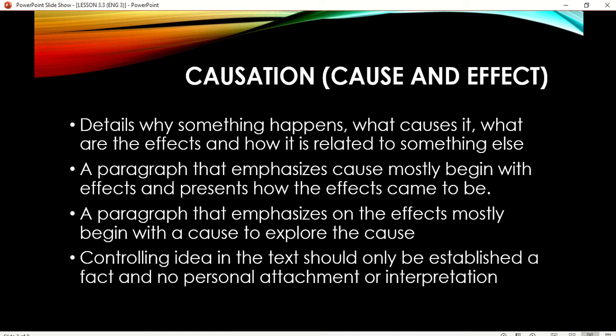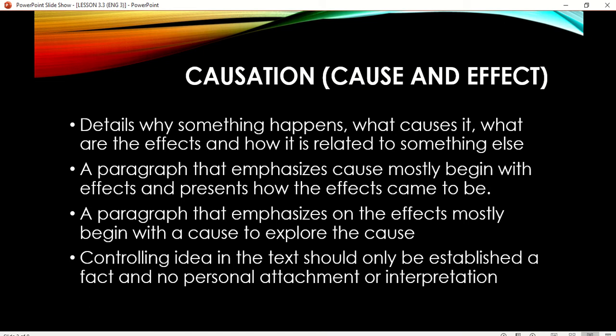Because causation tells us why something happened by telling us the reasons, the causes, and the effects of those actions. So technically, the paragraph or composition is about telling the consequence of a certain reason or action that was made.